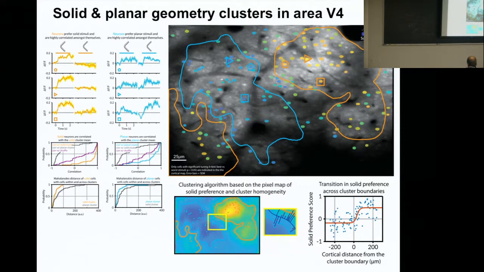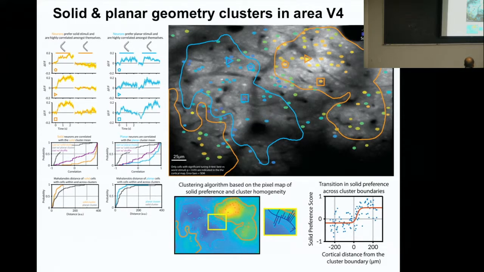It really is a cluster because if you define the boundary mathematically and you look at distances of neurons relative to the boundary, and you look at the solid preference score as you go basically from here to here, you really see a step function. It's not simply a gradient between one or the other.